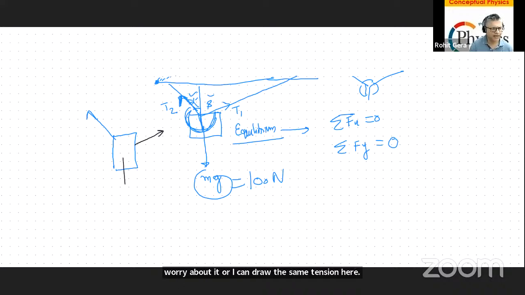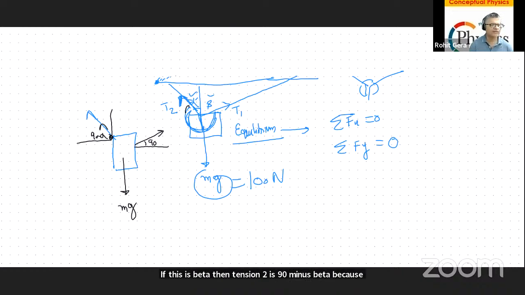This is mg, and this is tension. This is alpha, so this will be 90 minus alpha. If this is beta, then the angle for tension 2 is 90 minus beta, because I'm always worried about the angle with the horizontal. So this is my T2 and this is my T1.